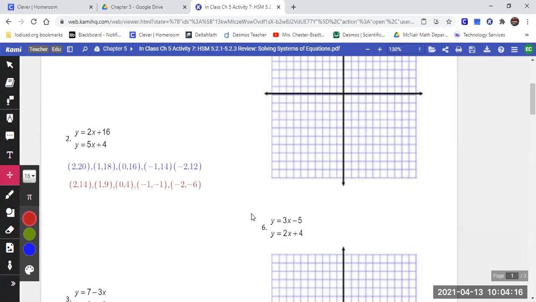Do the next one. -1 to +14. How far did we go? Okay, so is our distance getting bigger or smaller? Smaller. So that means as the X's are getting bigger, the lines are coming together to make their intersection.